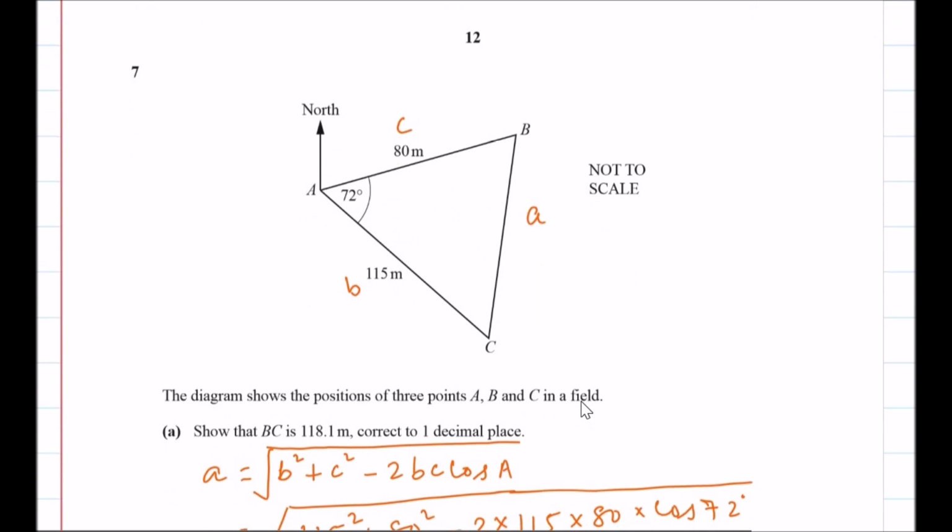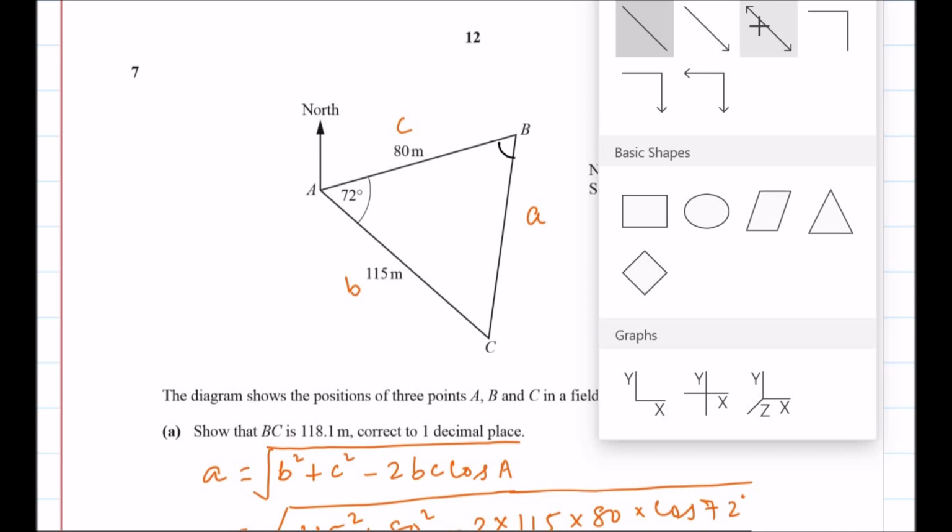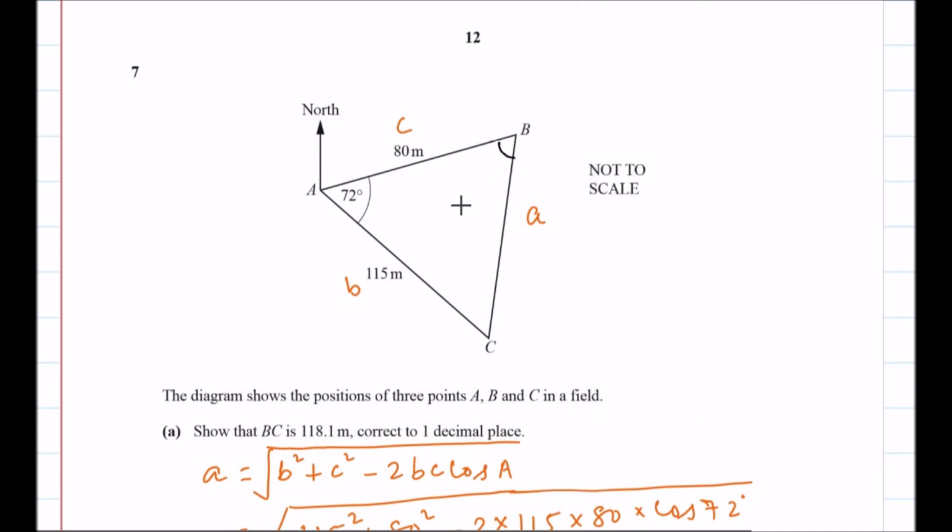To find angle ABC, angle ABC means this angle here. So let us check, can we make a pair here?